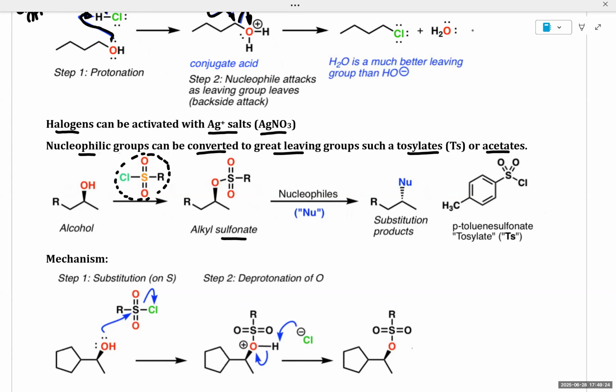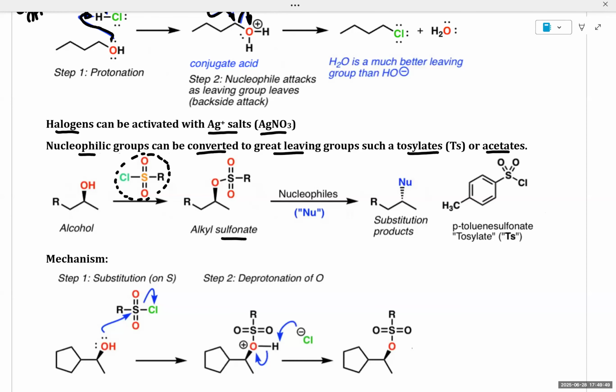So if you have an alcohol, you can convert it to a good leaving group using toluene sulfonyl chloride and other sulfonyl chloride activating reagents. You can also, although this is less common, make the acetate derivative, though acetate isn't nearly as good of a leaving group.